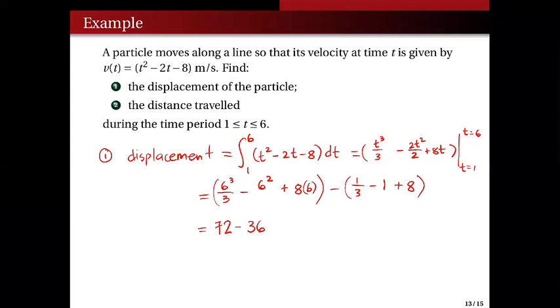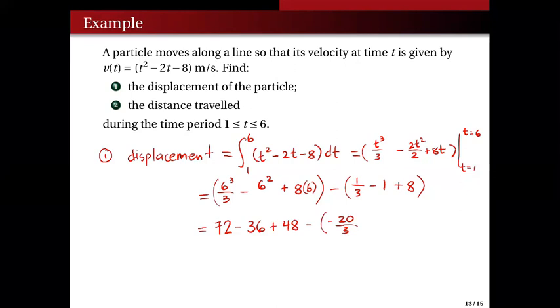Then plus 8 times 6, that's 48. Then minus quantity 1/3 minus 1 plus 8.